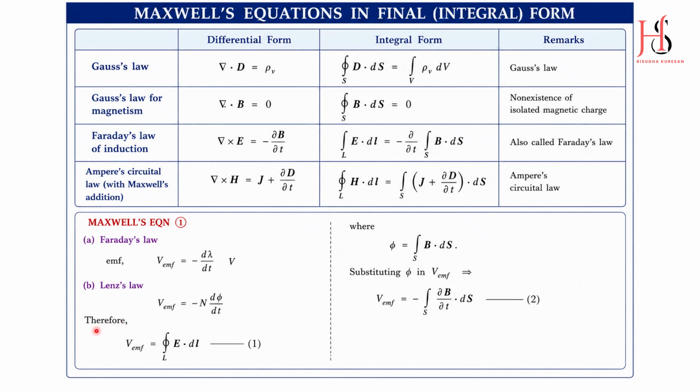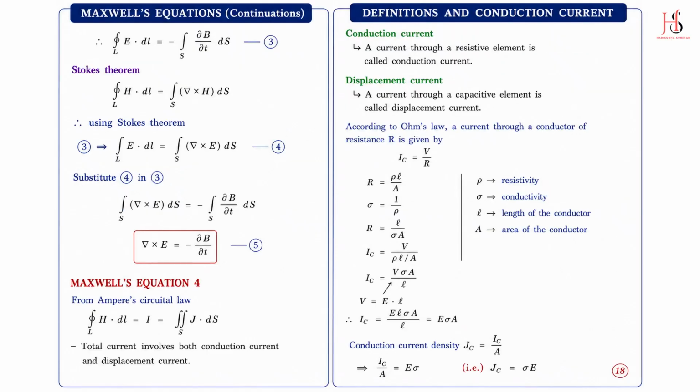Therefore, the induced EMF is given as the closed line integral of E dot dl, where phi is given as the surface integral of B dot ds. Substituting phi in the induced EMF, we can write the induced EMF as the surface integral of dou B by dou t dot ds.